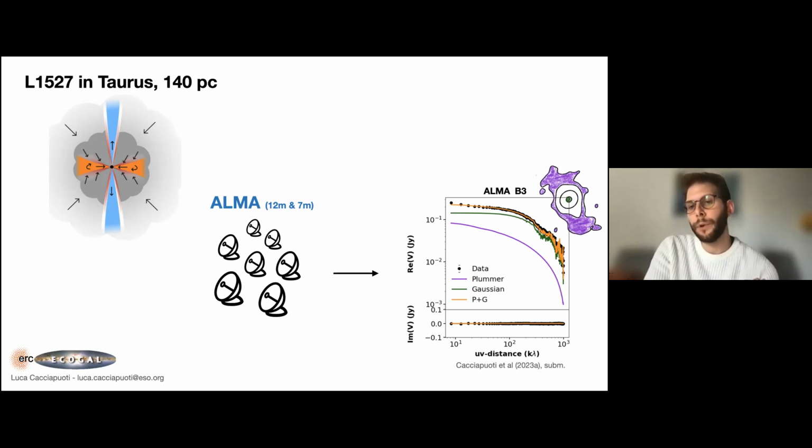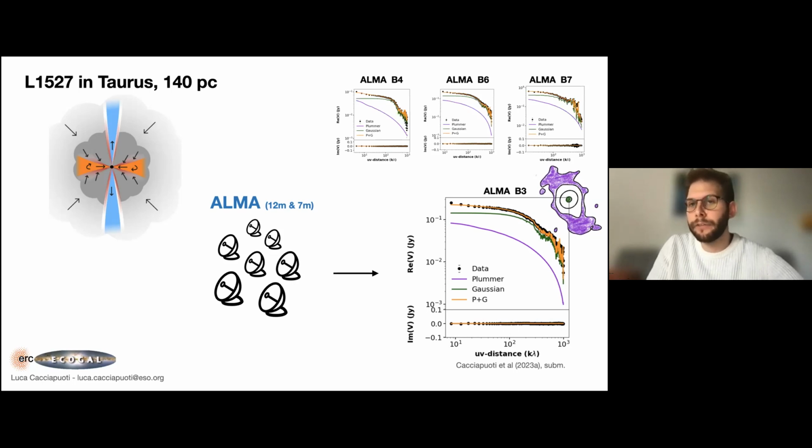Then we also self-consistently added a power law to model the spherical envelope. Once we have the Gaussian model, the green model, we can subtract that from the data to have left just the envelope fluxes. We did this also for ALMA band 4, band 6, and band 7. So we're really trying to go multi-scale and multi-frequency.